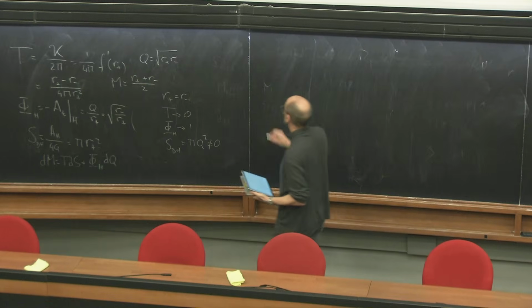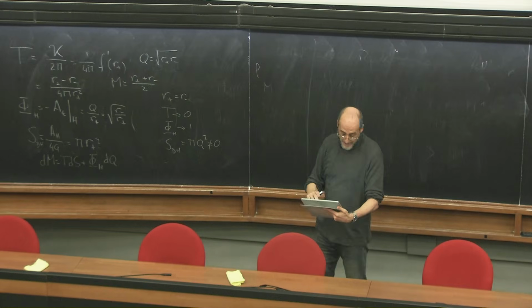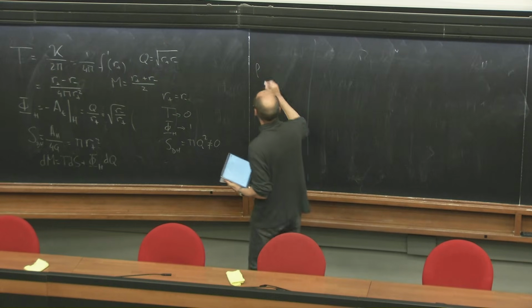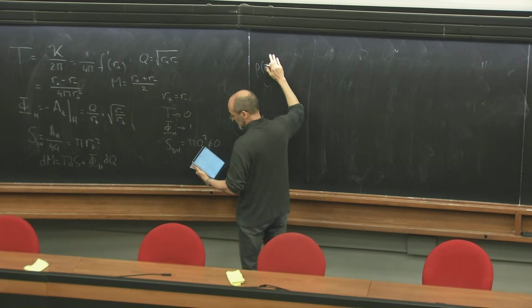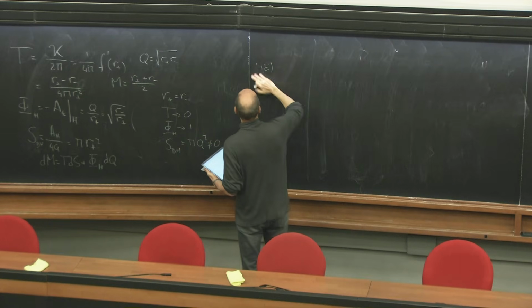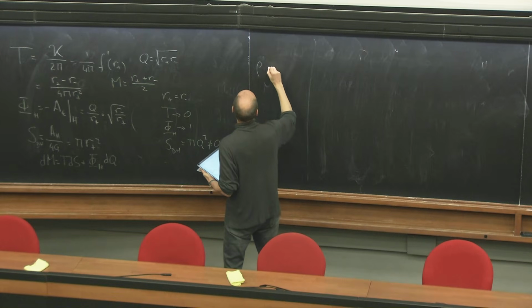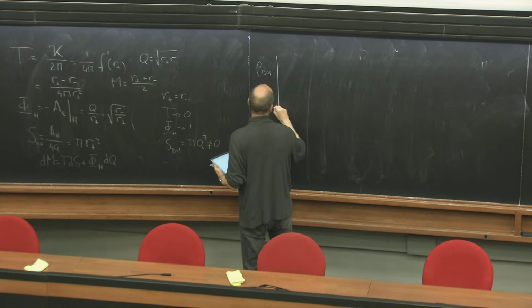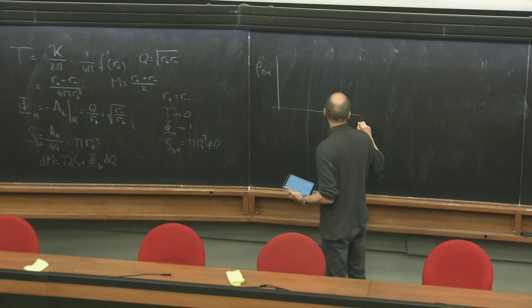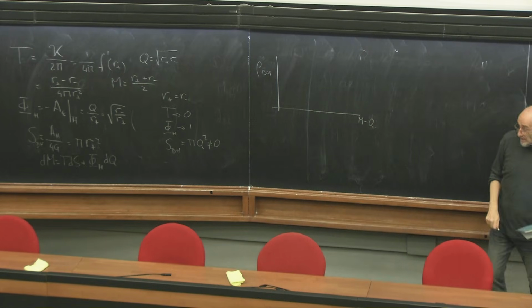So typically what we would say is that if we have a system with this entropy, then the number density of states at a given energy, so let me draw it like this. The number density of states of the black hole, I'm going to draw here M minus Q. So this is the energy above extremality.